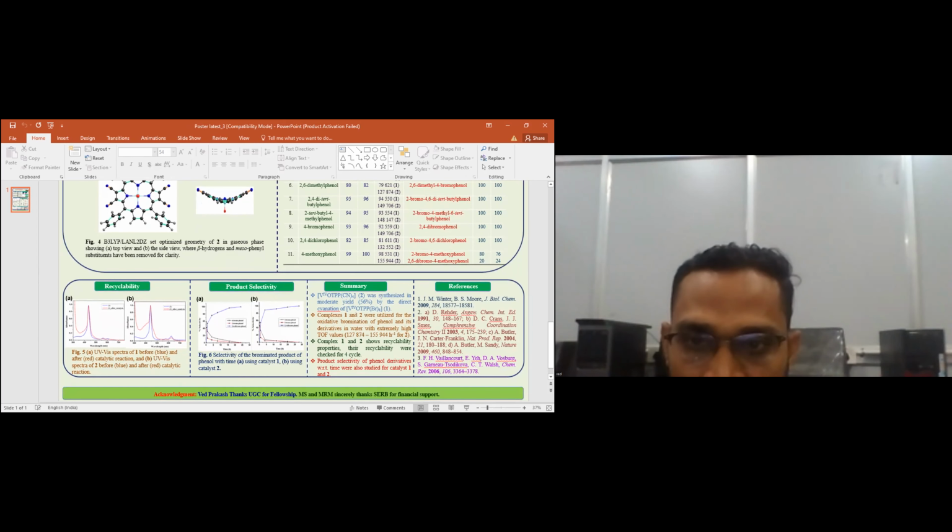Also, we have seen that these catalysts can be used for bromination of phenol, and the TOF value in the case of the second is very high, and that is the highest, I think, we have observed till now. Also, 1 and 2 show recyclability, and we have also studied the product selectivity with time in some cases.